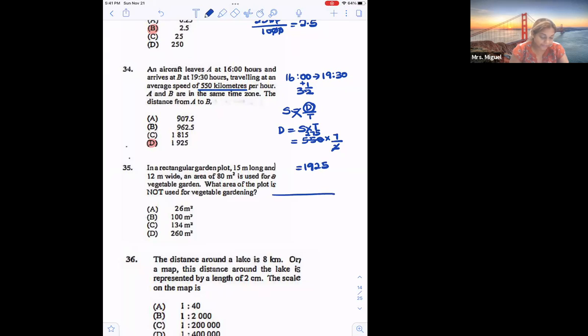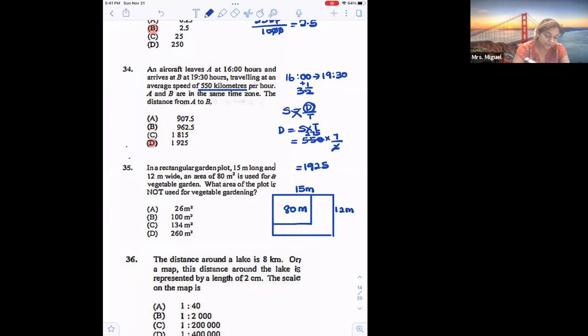So in a rectangular plot measuring 15 by 12, so 15 meters by 12 meters, and we have a small portion here which is 80 meters squared.